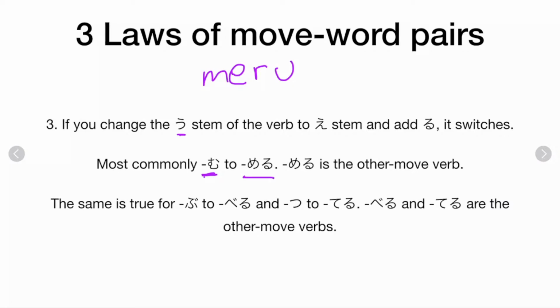So if a verb ends in mu, then meru is the other move ending, and that's the same for bu to beru and tsu to teru, where beru and teru become other move. These are general patterns, but this rule is always true, which is that if you change the u stem to a plus ru, then you get the opposite type of verb.